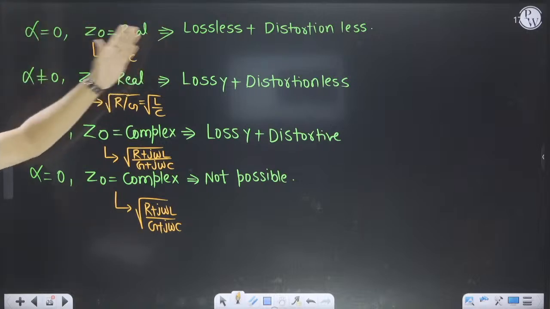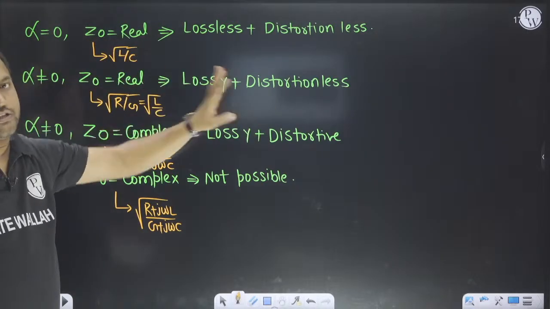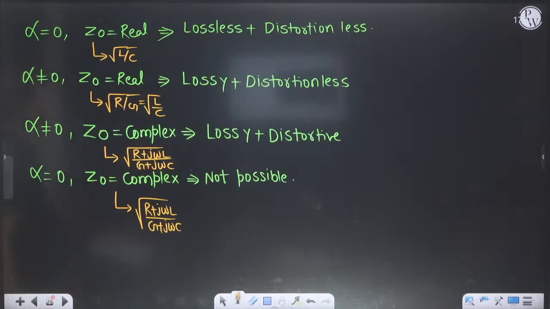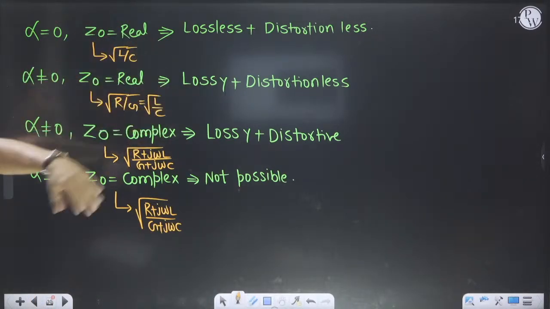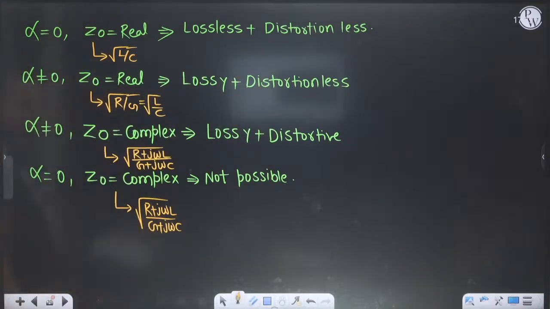Alpha 0, lossless. Alpha non-zero, lossy. Z0 real, distortionless. Like that you have to know.